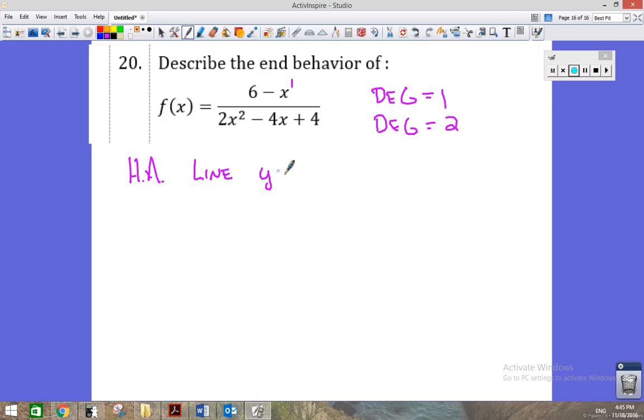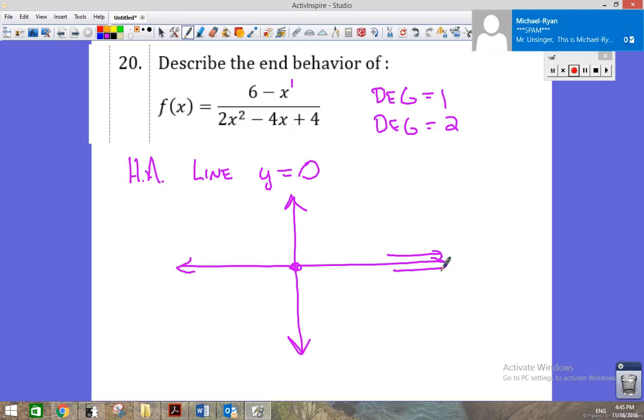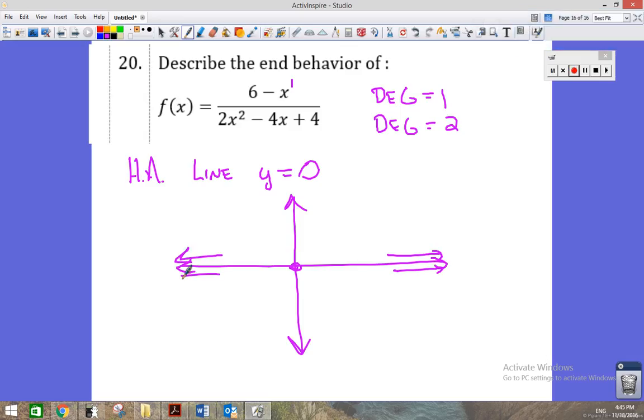So what does that mean? That means that when you're very far away from the origin, the graph is getting close to 0, and it's either getting close to 0 from above or below. So as x is approaching negative infinity, the y values are getting closer and closer to 0.